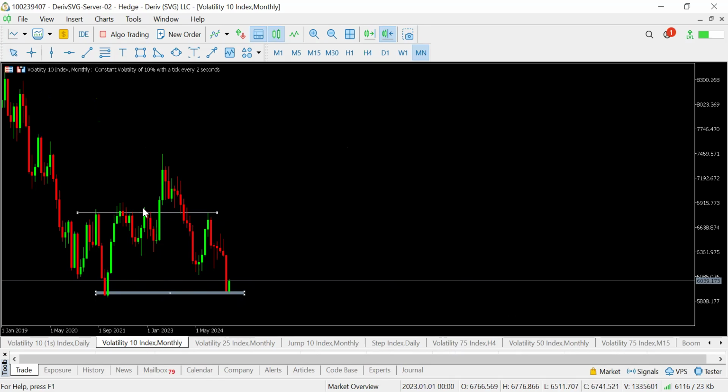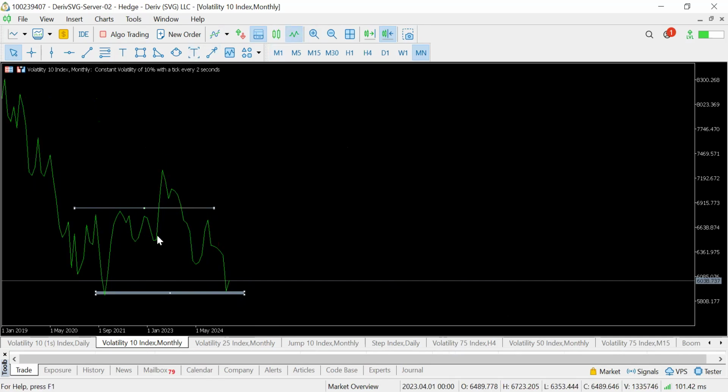So the market came here and took out this low. There was a W pattern here. It took out this lower high and formed a high, but couldn't continue this trend.